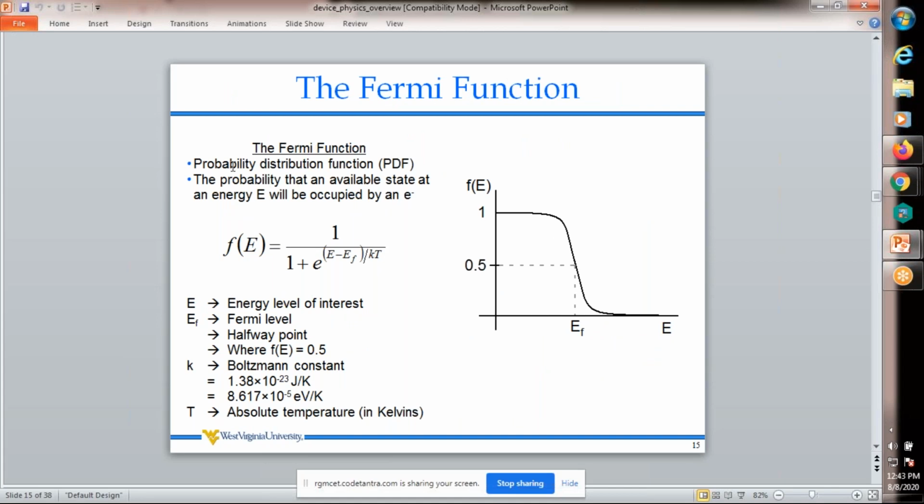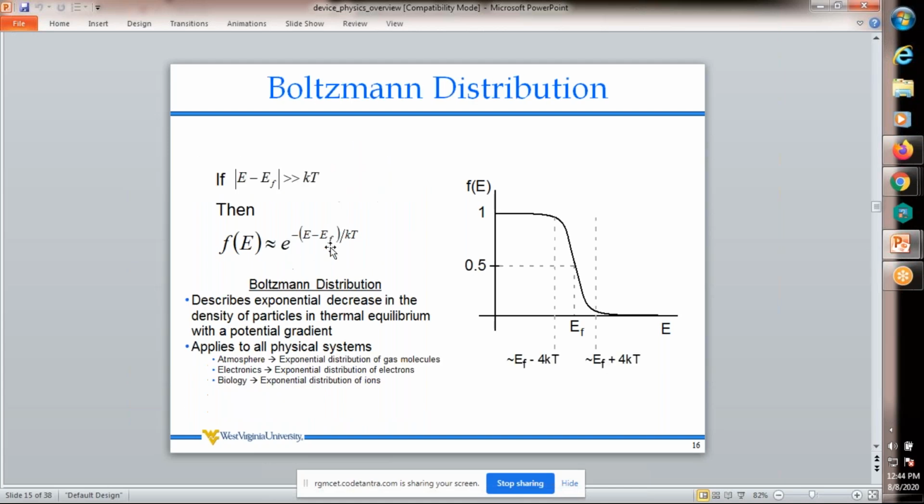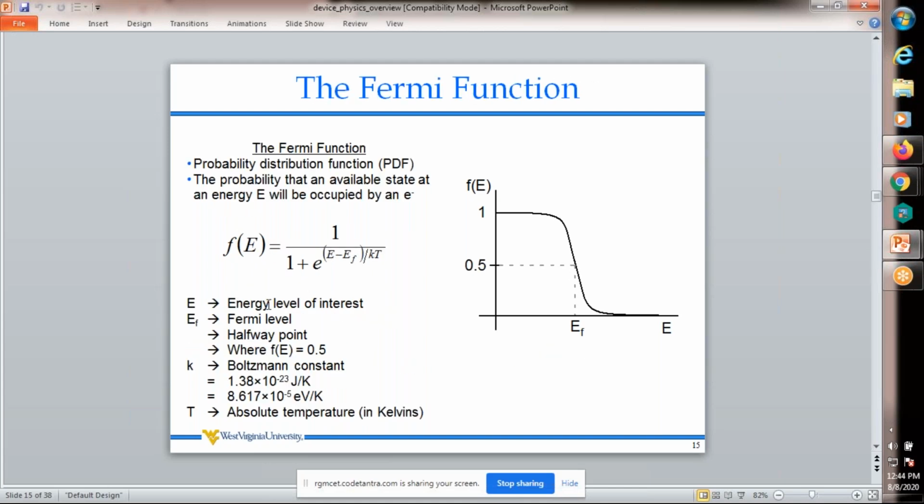That is the Fermi function. It gives the probability distribution: the probability that an available state at an energy E will be occupied by an electron. This is the formula, where E is the energy level of interest and EF is the Fermi level. The remaining terms are constants and the temperature.